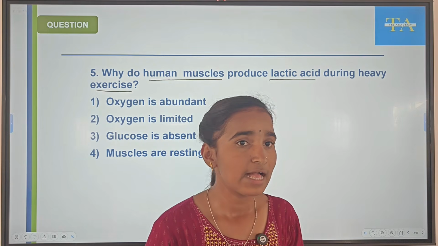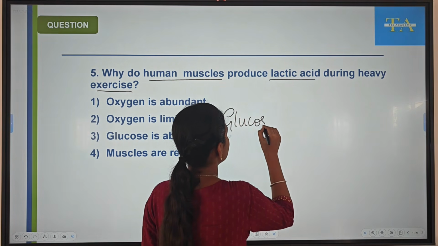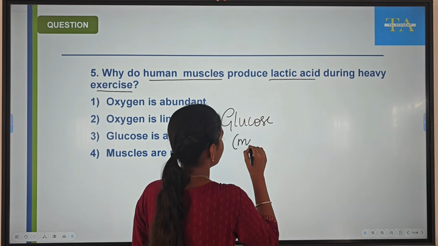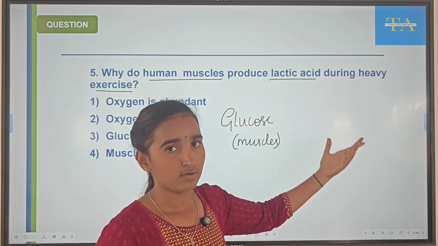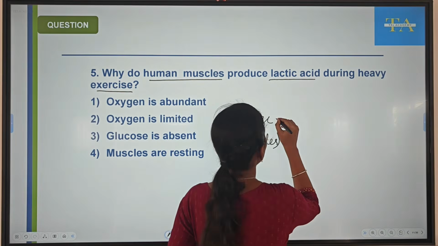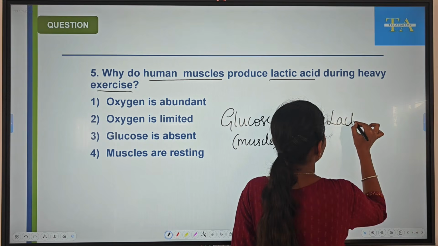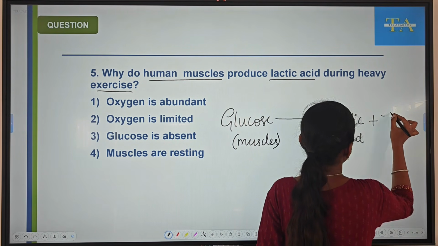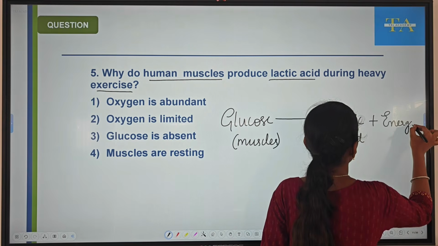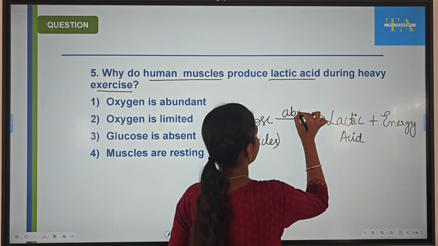During that time, glucose in our muscles will be broken down into lactic acid. Lactic acid and energy will be released. This will occur in the absence of oxygen.